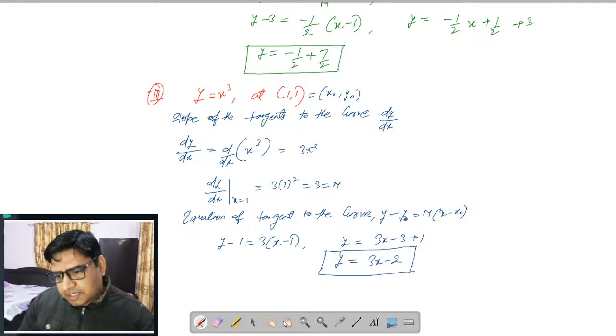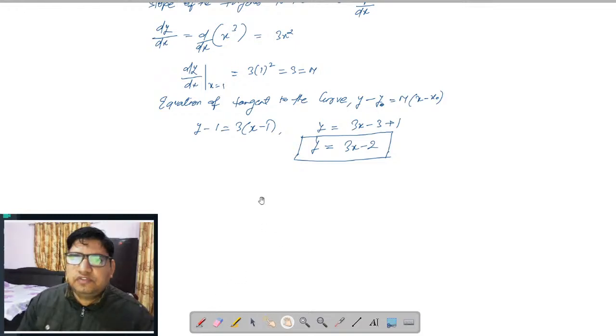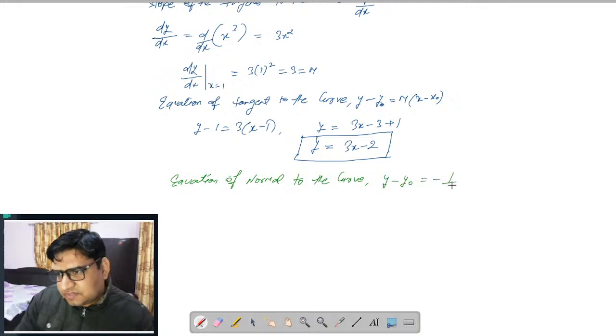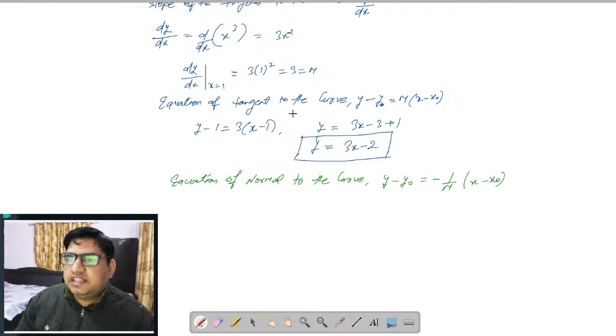And we'll simply find out the equation of the normal to the curve in a similar manner. The equation of the normal to the curve is y minus y naught equals minus 1 upon m times x minus x naught, and the m that we have calculated will be used here.